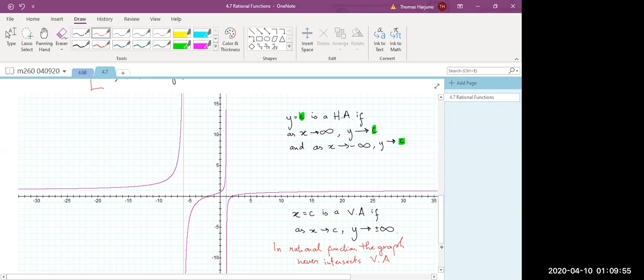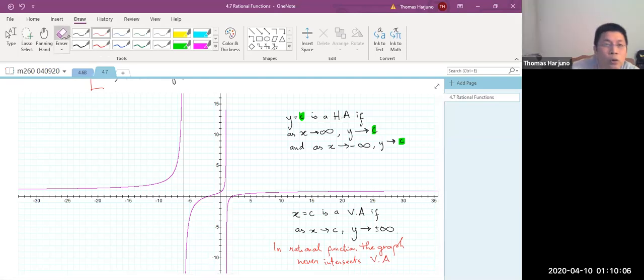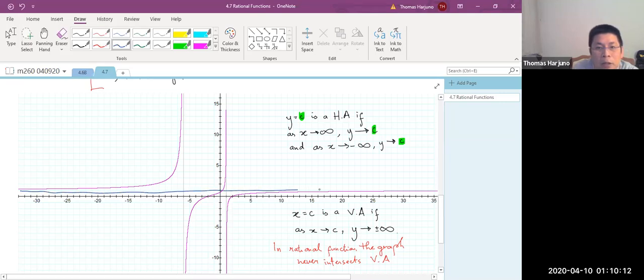So are you talking about how the segment in the middle crosses C, right? Yes, yes. So you see that we have a horizontal asymptote here, and the graph actually intersects the horizontal asymptote.